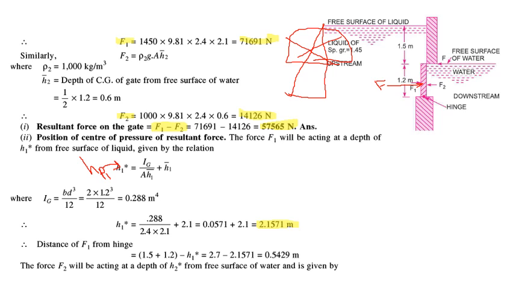And we can also calculate the HP2. HP2 is simple. The pressure distribution is going to be triangular, so it is acting at 2 by 3 H, so 2 by 3 of 1.2.